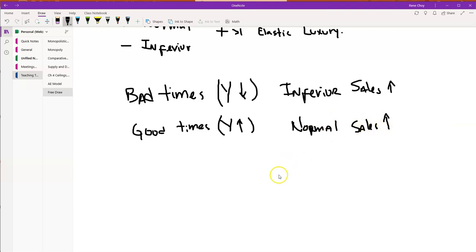All right, now I want you to think about the difference between a new car and a used car. You have to think about exactly the same car, okay? So new car versus a used car. Now, if you compare the same car, new versus used, most people would say that the new one is the normal good, and the used one is the inferior good.